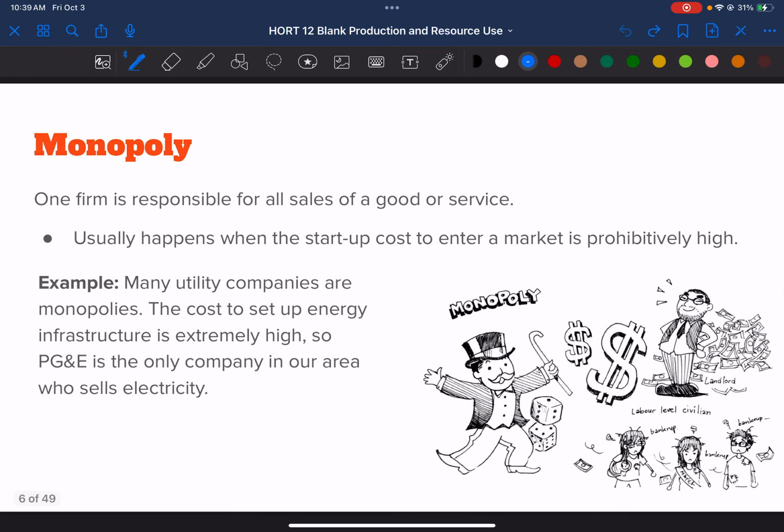But first, monopoly. So what is a monopoly? We all know the board game, but a monopoly in economics is one firm is responsible for the sales of a particular good or service. So it's a market in which one firm sells all of a particular kind of product. And this usually happens when the startup cost to enter a particular market is extremely high. So a classic example of this is utility companies.